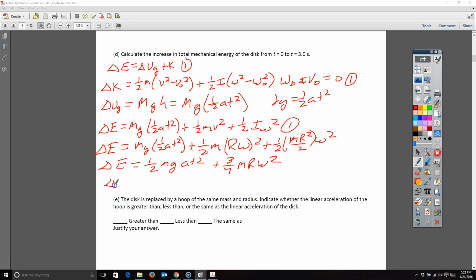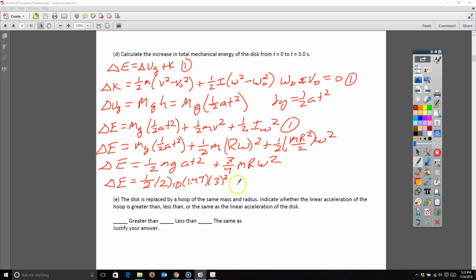Now let's plug some numbers in. So this is delta E is equal to 1/2 of 2 times 10. Oops, that's not 1/10. Should just be 10. 2 times 10 times 1.47 times 3 squared. So those are all our values.